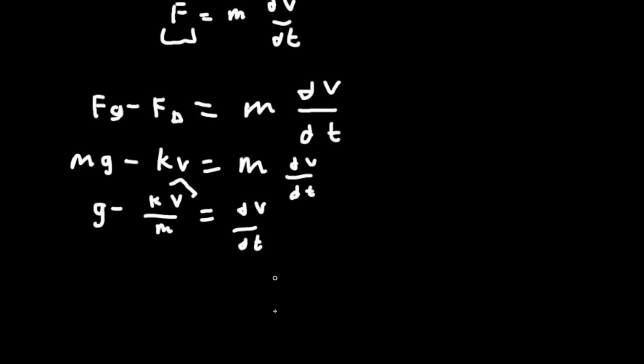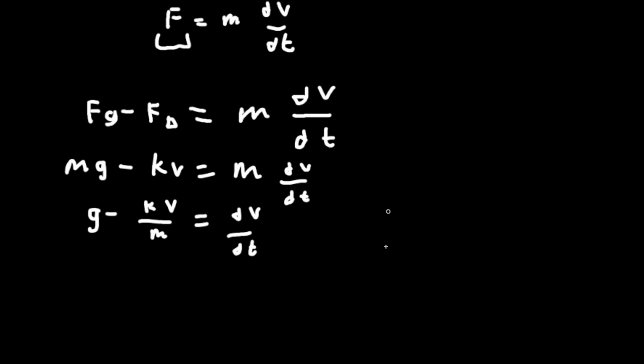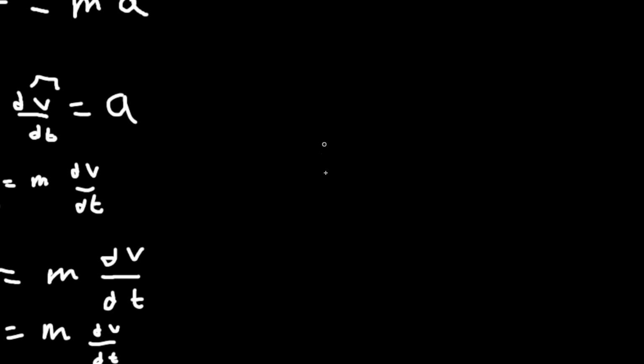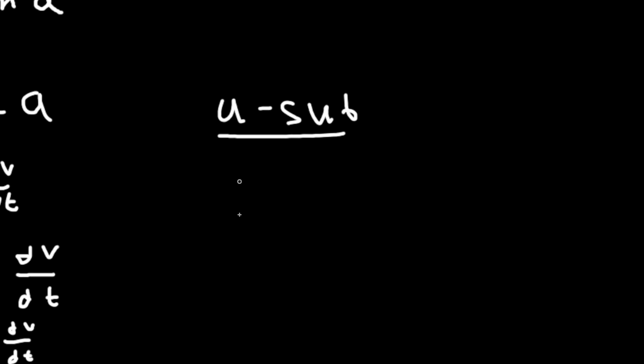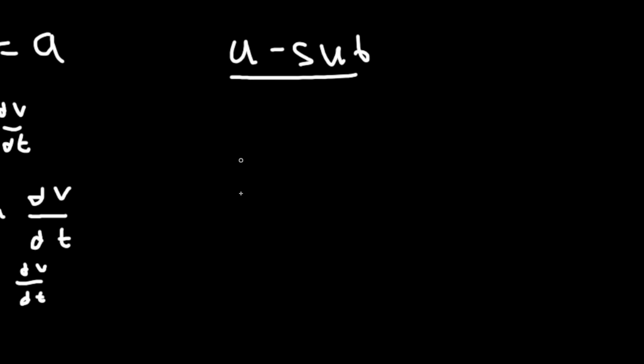So when I am setting up this equation, I'm actually going to try and get this velocity variable by itself, where it's just going to be velocity times some constant right here. The reason why I want to do this is I want to avoid something very tricky, which is called u-sub. U-sub is essentially a method for reversing the chain rule. What is the chain rule? Well, the chain rule is something that happens when you take the derivative of a function where it has another function which resides inside it.